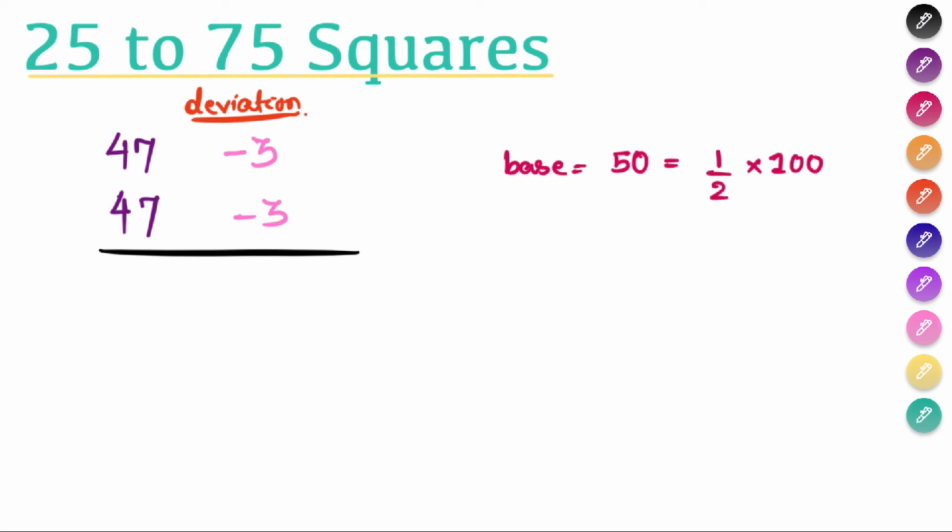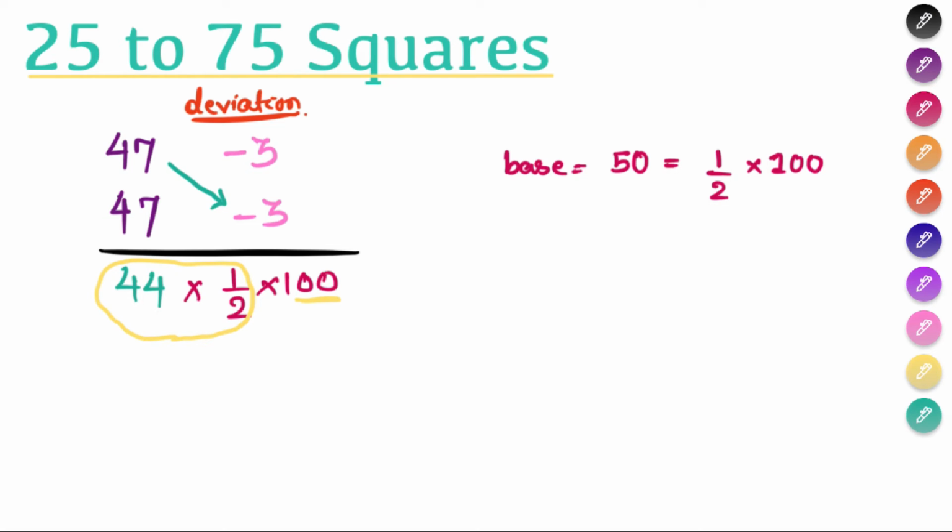And the method is 47 minus 3, that gives us 44, and we have to multiply it with the base, that is 1 by 2 into 100. So what we simply do is we divide this by 2, then add 2 zeros. Let us try to do it directly.